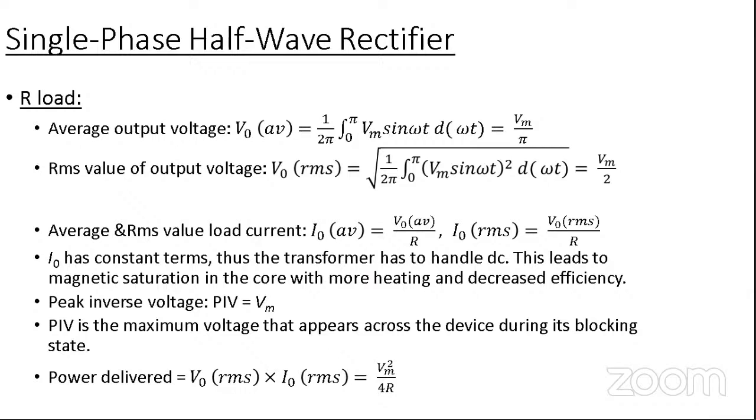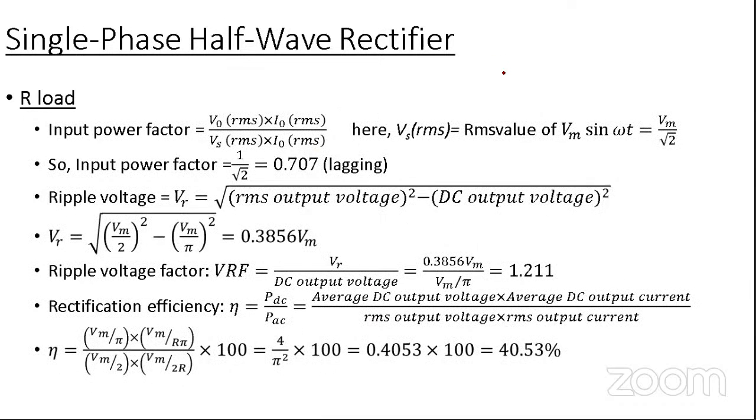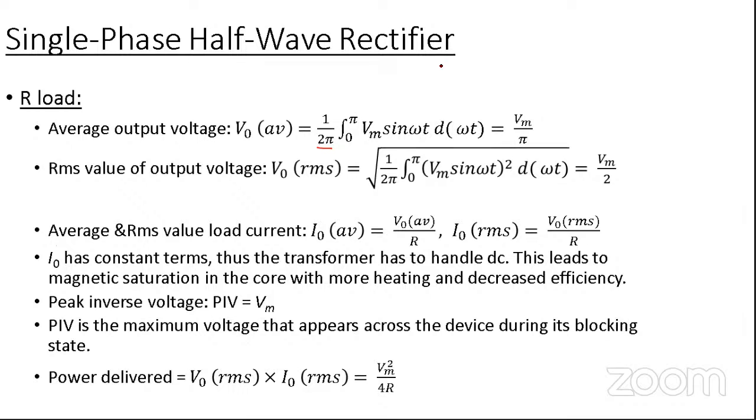You consider the whole cycle, 1/2π, the integral from 0 to 2π of Vm sin ωt dωt, but only in the positive half you get output, that is 0 to π in this region. So suppose this is the waveform, only in the 0 to π region is the output voltage present.